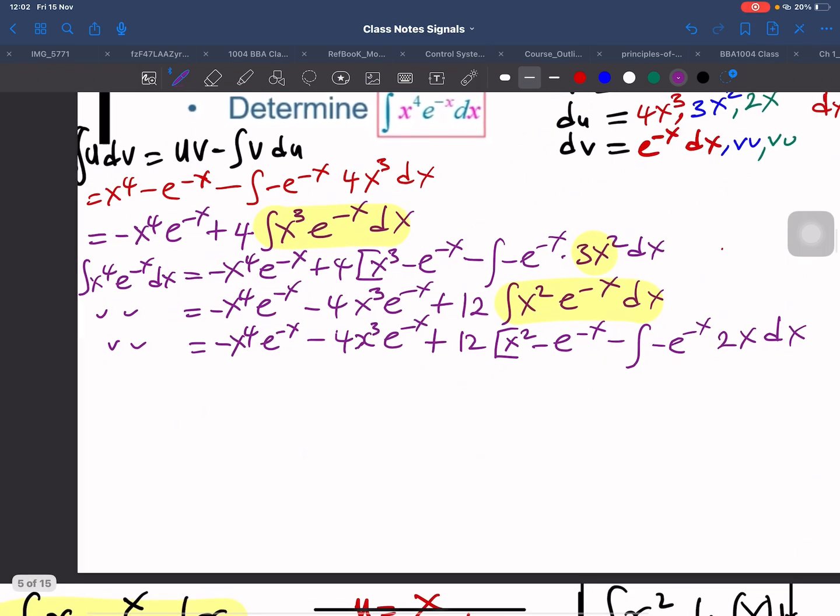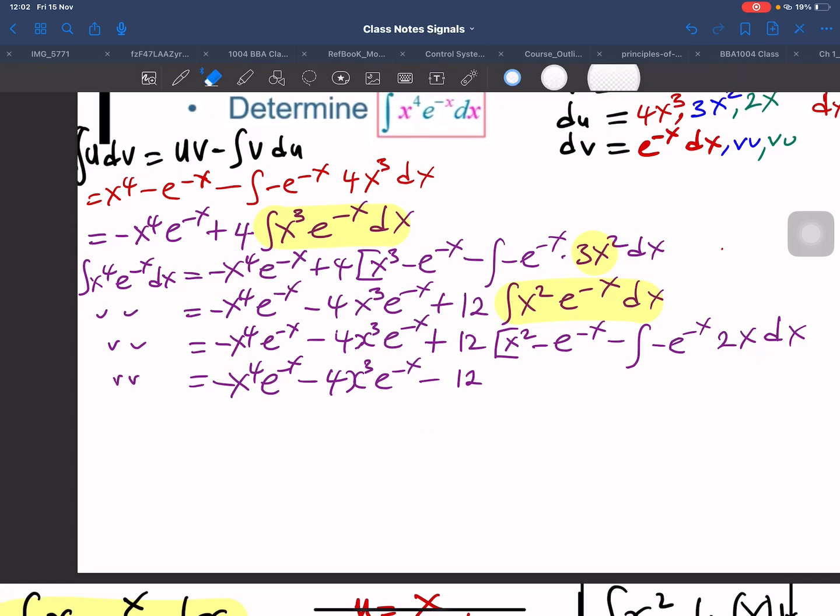So we now have to rearrange it again. It's going to be equal to minus x raised to power 4 e raised to power minus x minus 4x cube e raised to power minus x plus 12. It's not going to be plus 12, it's going to be minus 12 because of this minus here. So we're going to have minus 12x squared e raised to power minus x.